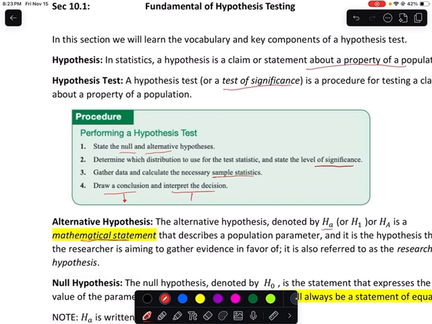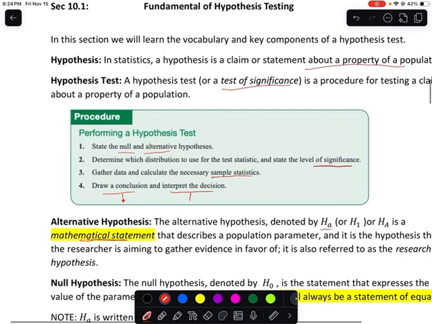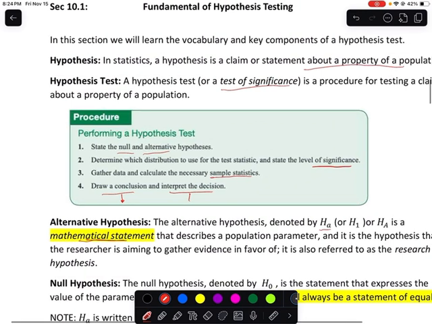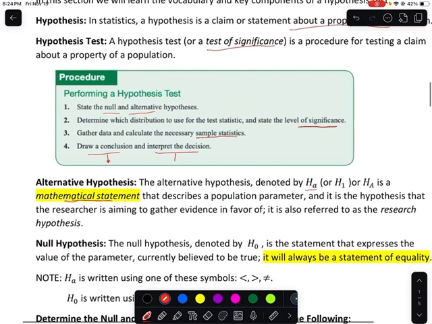In chi-square you will see sometimes we have some portion in words, but here in the beginning it is a mathematical statement that describes a population parameter, and it is the hypothesis that the researcher is aiming to gather evidence in favor of. It is also referred to as the research hypothesis.